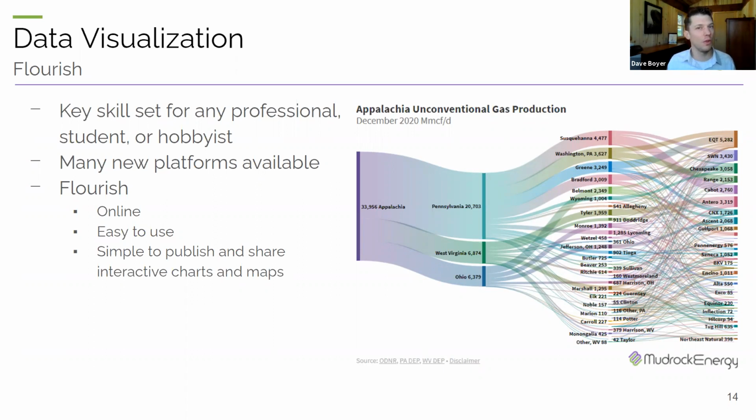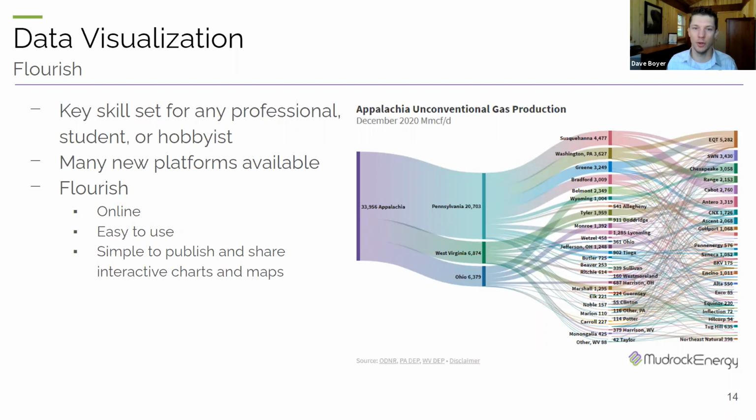One thing is they don't have a whole lot of tutorials or help, but they have a lot of templates that you can get in and play around with a little bit, understand how they work, and then update. And again, for my use, it's really important to me that I can simply publish and share interactive charts and maps directly from Flourish onto my website, and it works very intuitively.